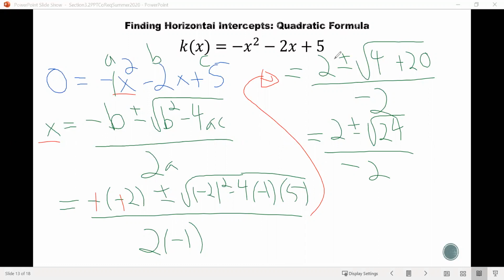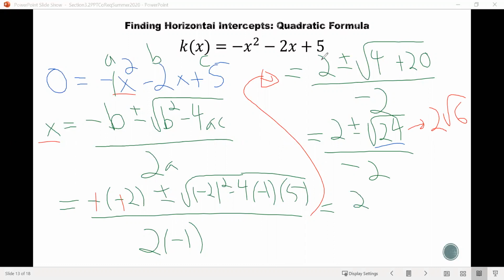And notice the root of 24 will not come out nicely. We won't get an answer like 3 or 5 or something like that. So we can use techniques we've learned earlier about simplifying these roots. I won't go all the way through that right now, but I believe this one comes out to be 2 root 6.